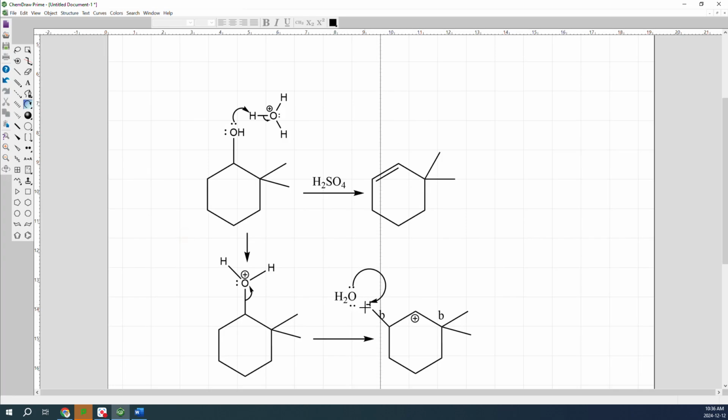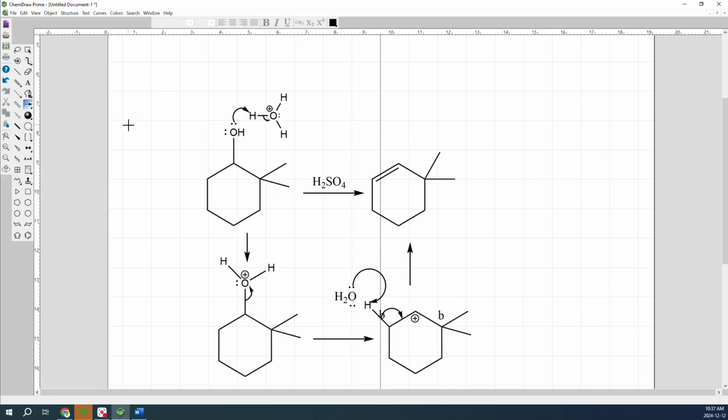Make sure you point at the hydrogen because that's what you're picking up. And then this bond becomes a double bond. This bond between the hydrogen and carbon, we make an arrow that points at the position in the middle between the two carbons to get the alkene. And this is the mechanism for this product.